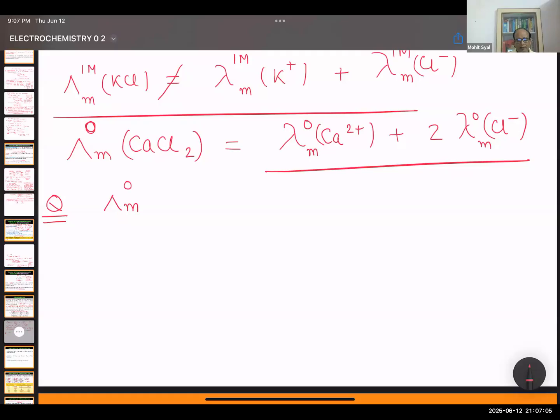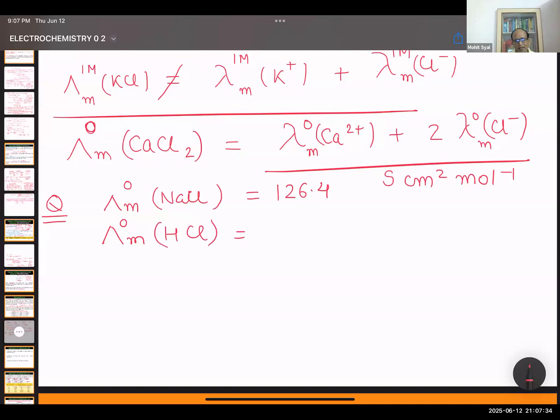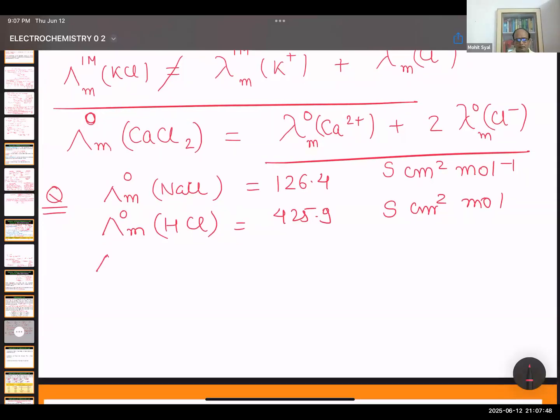Limiting value of molar conductivities of NaCl, limiting value of molar conductivity of HCl is provided in the question. It is 425.9. Limiting value of molar ionic conductivity of sodium acetate.